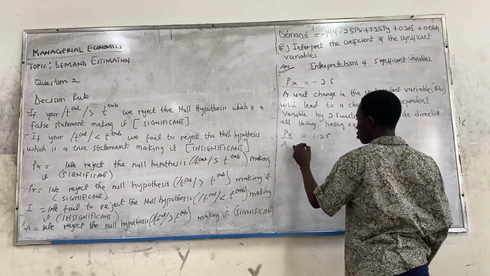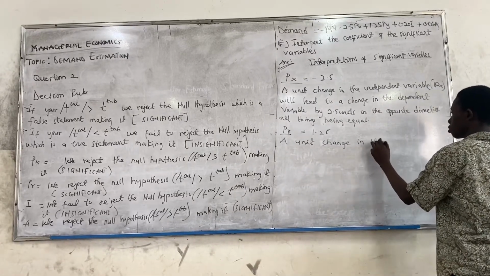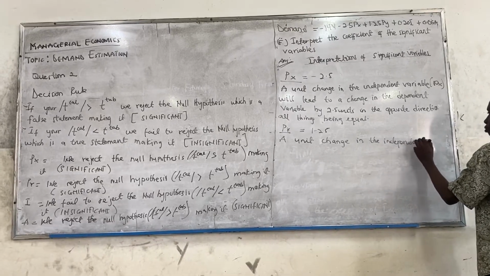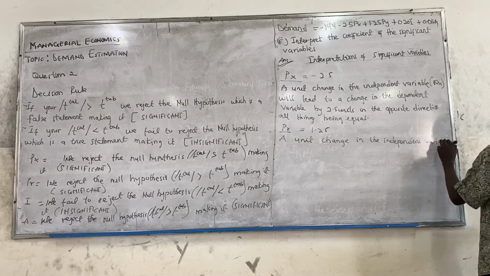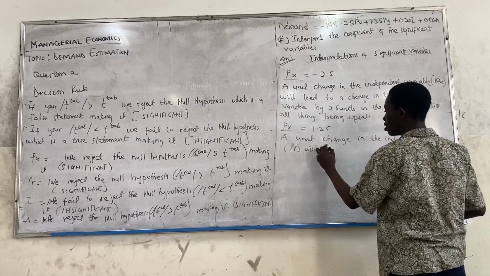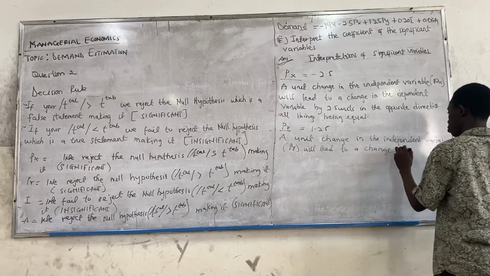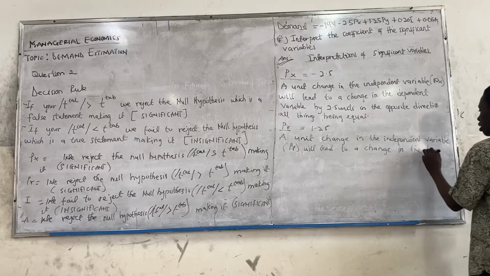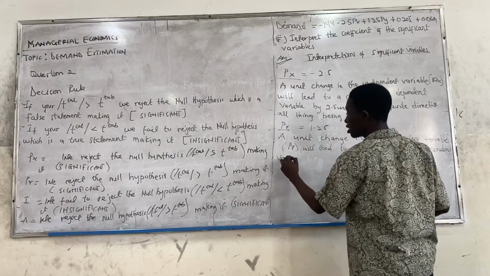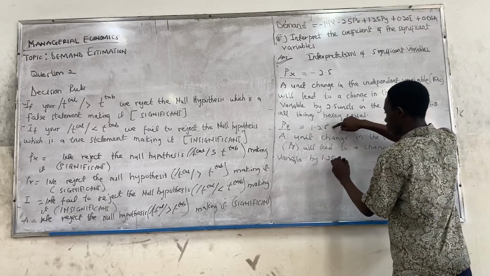So a unit change in the independent variable, which is PY, will lead to a change in the dependent variable, which is demand, by 1.25 units.